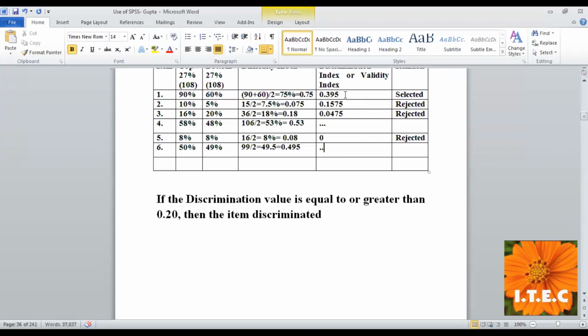Do not bother about the difficulty level. Okay, so that is this. So your item number 1, it discriminates and the difficulty value is low, so you can select. You have to decide how many difficult items you want and how many easy items you want. So depending upon that, then you have to decide whether your item is rejected or your item is selected.